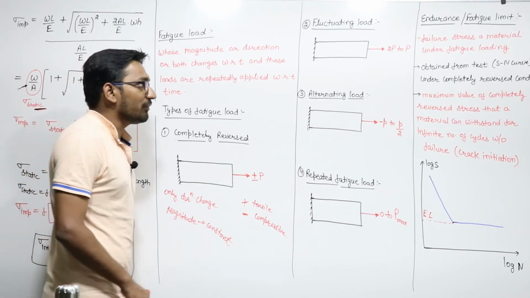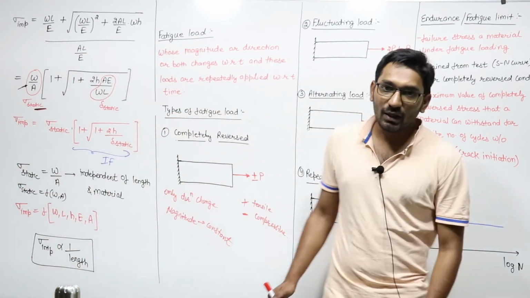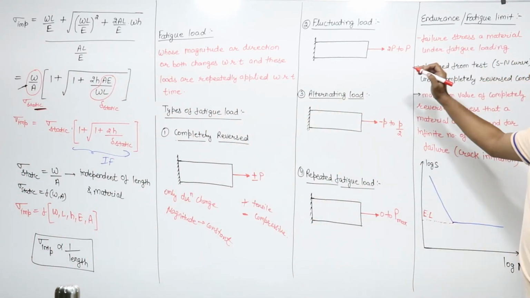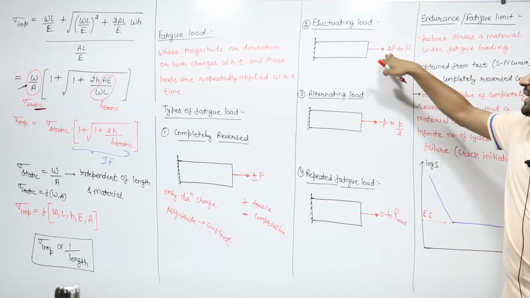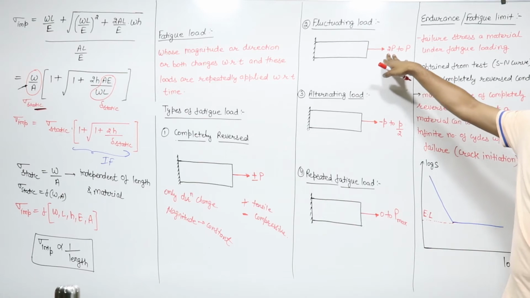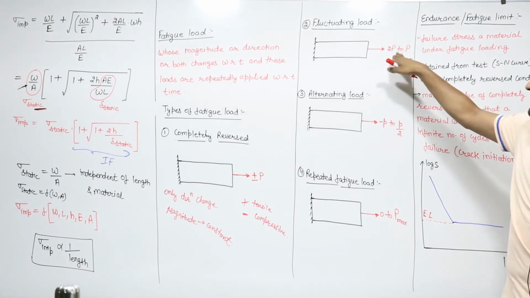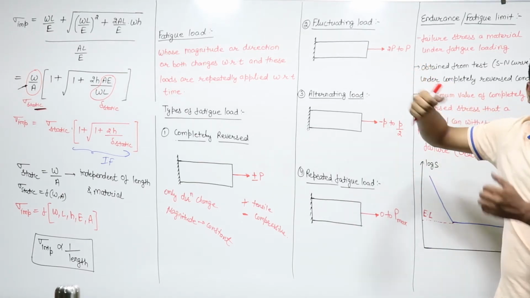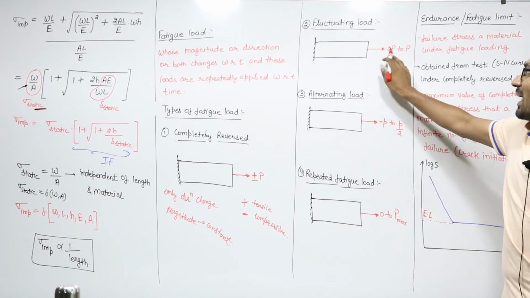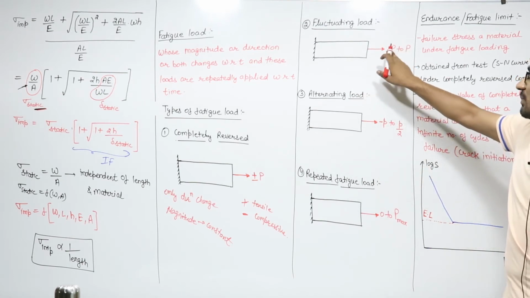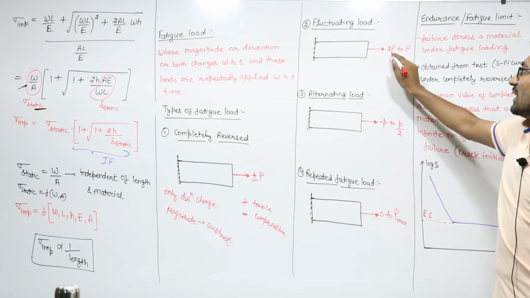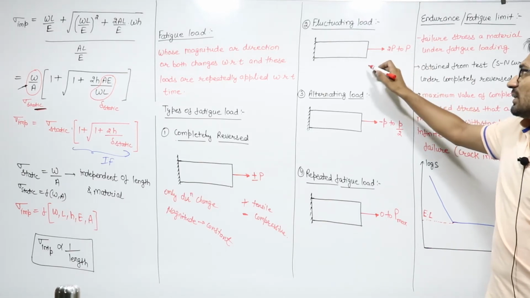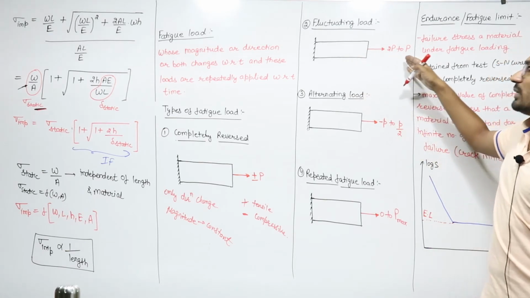The second type of fatigue loading is fluctuating load. In fluctuating fatigue load, the direction will be the same. Suppose the direction is always positive, always tensile, but the magnitude fluctuates from, let us say, 20 Newton to 10 Newton.